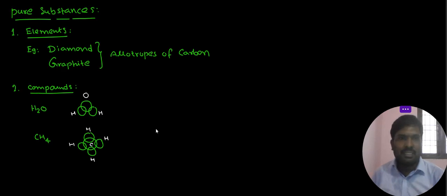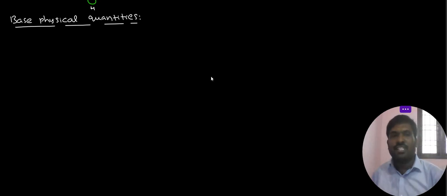Now we have discussed the importance of chemistry, the definition of matter, and the classification of matter. Next, base physical quantities.